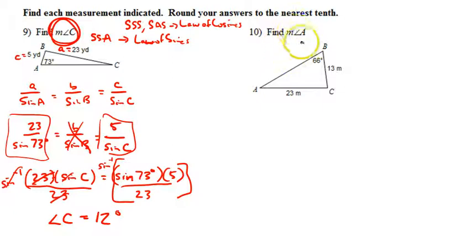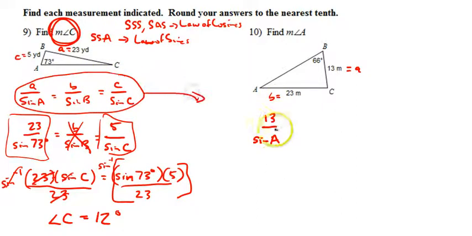Number 10, angle A. Once again, this is a side, side, angle, so we're going to use the law of sines. This is little a, this is little b, this is big B. So when I set this up, little a is 13 over sine of A, which is what I'm looking for, and then equals little b, that's 23 over the sine of 66 degrees.